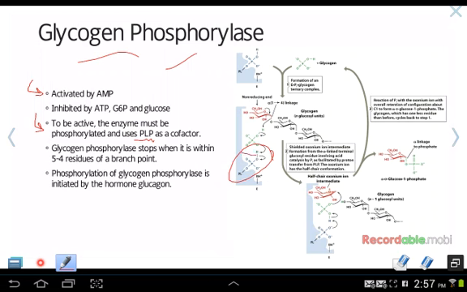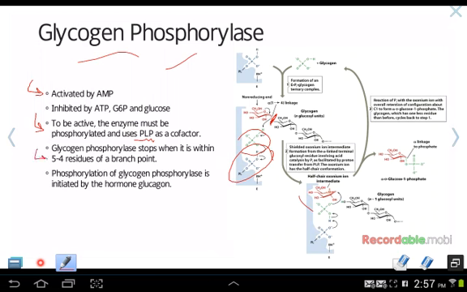It helps coordinate this inorganic phosphate group and acts as an acid-base catalyst to help cleave the group here at the alpha-1,4 linkage, and then covalently attach the phosphate group to that free glucose molecule.